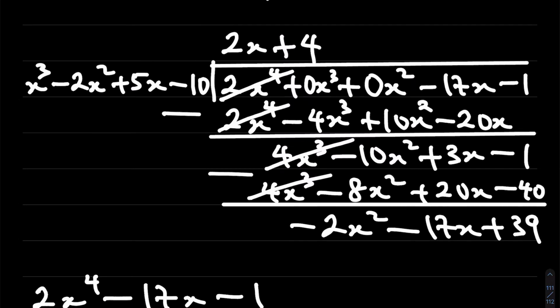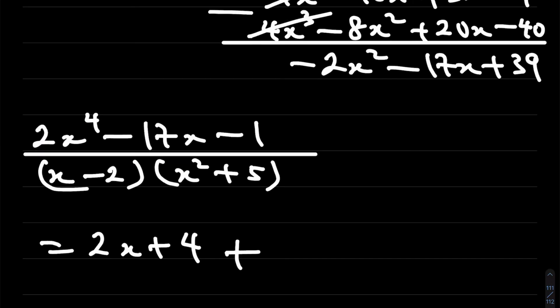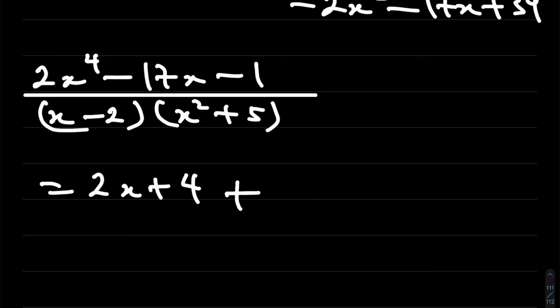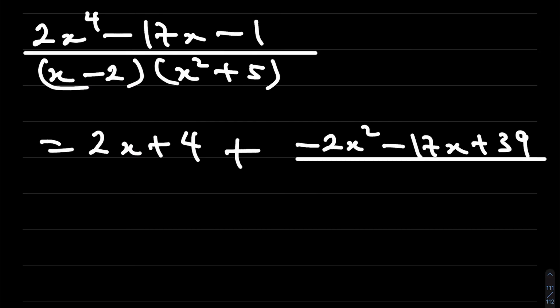That's the proper fraction that will be in it. So that's 2x plus 4 plus, what's the remainder? Minus 2x squared, minus 17x plus 39 all over the divisor, which is x minus 2.